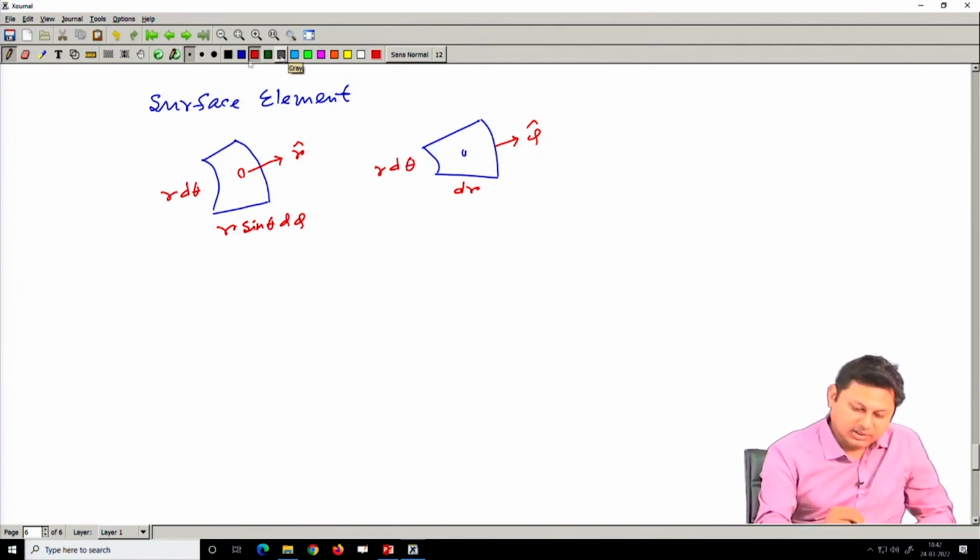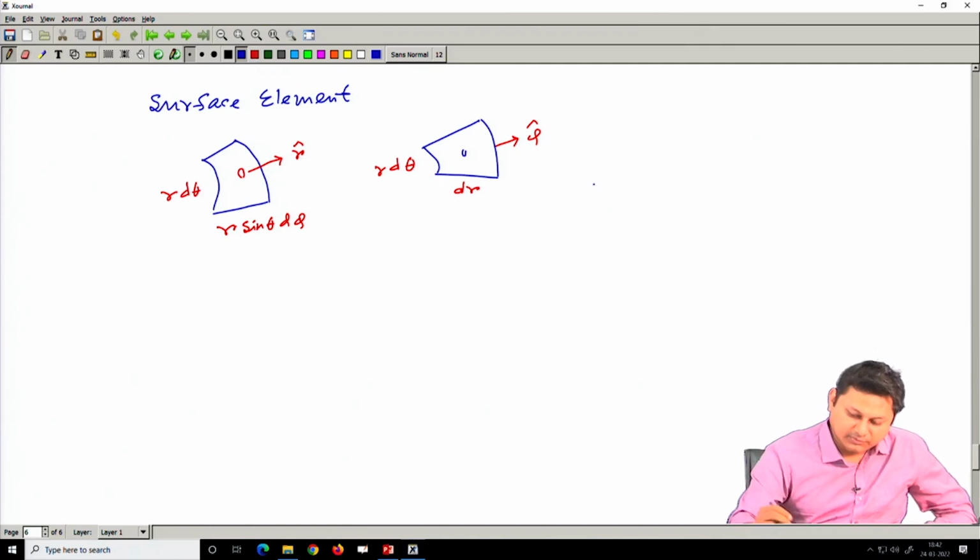And another surface, again, there should be three surfaces, the bottom one, and on the lower side the theta unit vector goes.